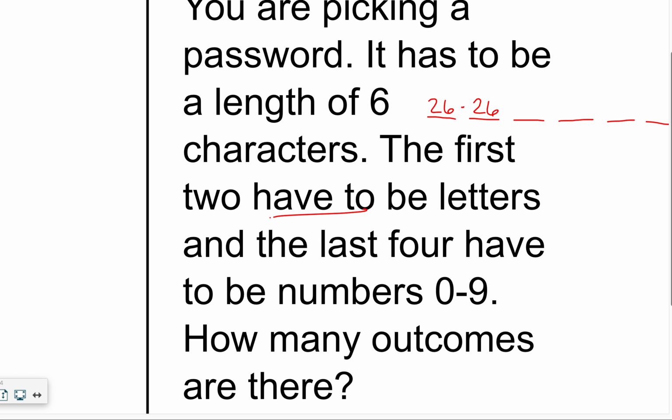The last 4 have to be numbers, 0 through 9. Now, the mistake that many people make here is they put 9. But go ahead, count on your fingers from 0 to 9, and you're going to find out that there are actually 10 digits. And each one of these, because it could repeat, has 10 different options. I would multiply all those together and find out how many different ways I could make a password of 6 characters.